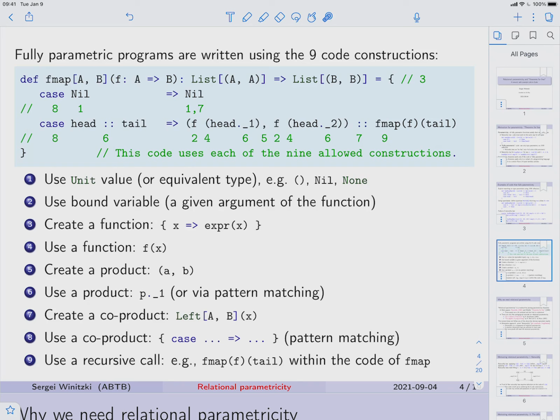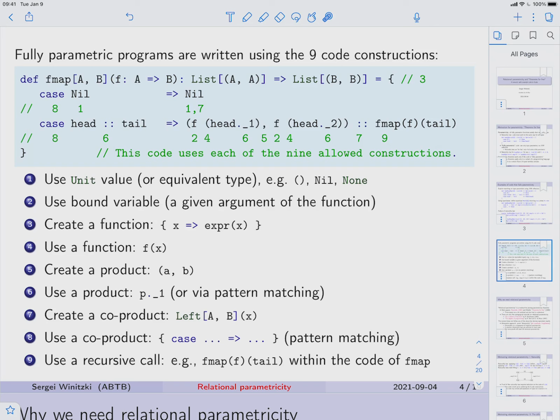You can extract the first one or the second one, or other ones. And in case classes, you can extract by name. Or you can do this via pattern matching, but it's just different syntax for construction number 6, which is to use a product type. You can create a value of a coproduct type like this, for example, and you can use it by pattern matching, for example.